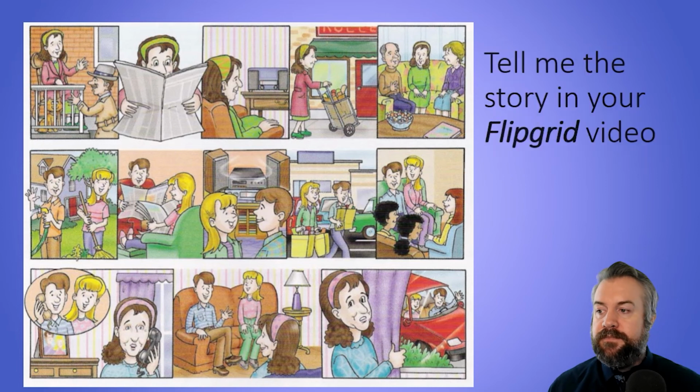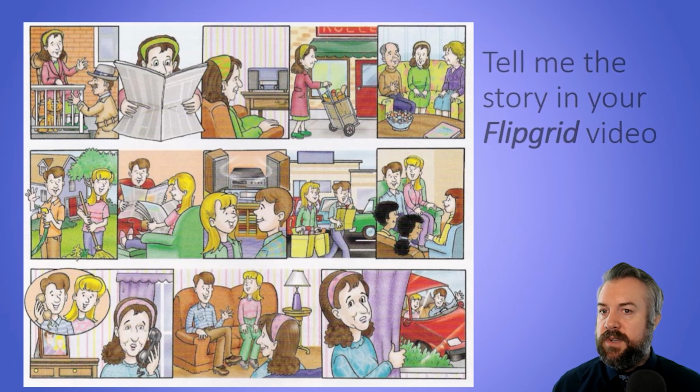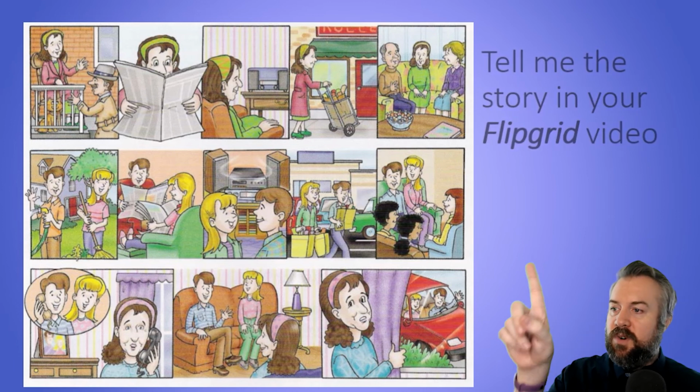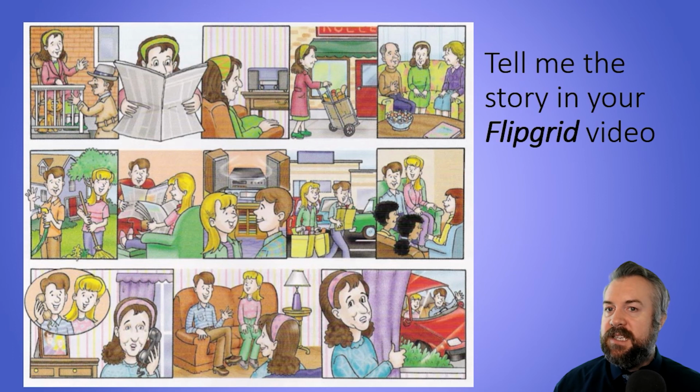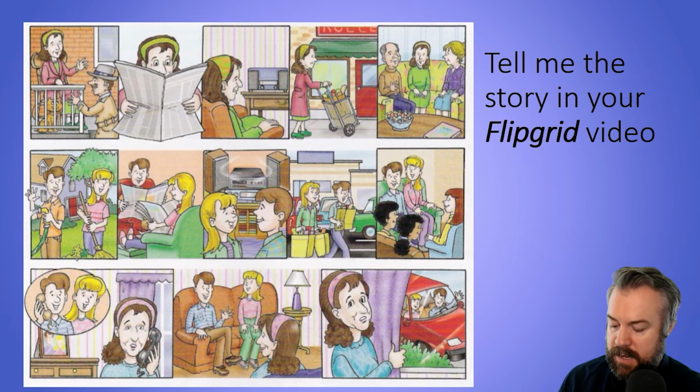So your job is to use this pattern, use this story, and create a Flipgrid video telling me about Mrs. Kowalski and her son and his wife, Kathy. If I have a look at the information.